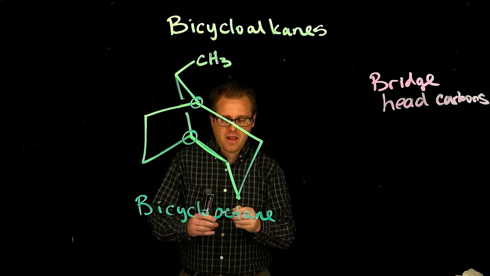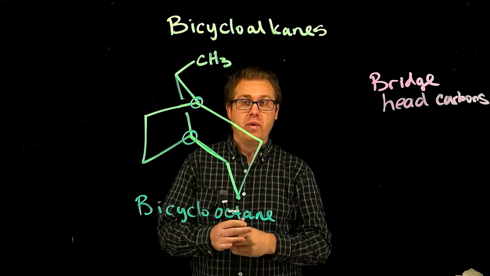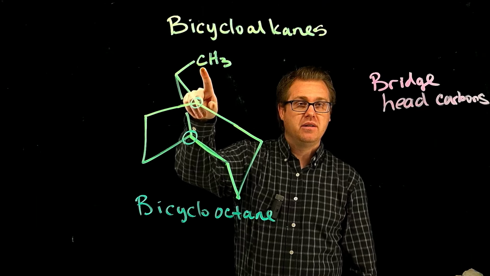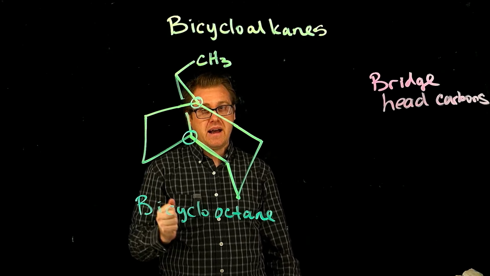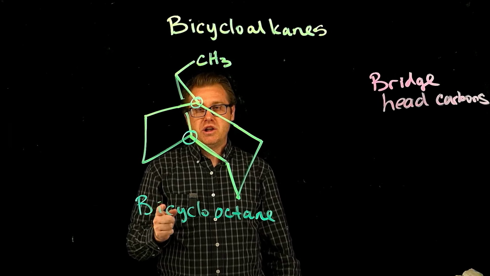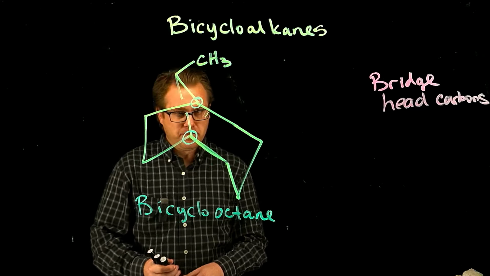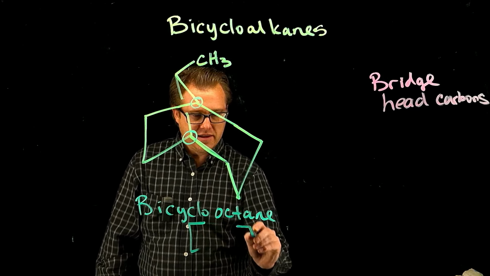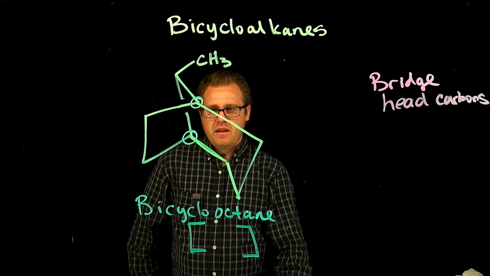Now, typically when you name an alkane, you always want to give your substituents the lowest locant number, but not with bicycloalkanes. What you do is you first figure out what numbers go into those brackets.